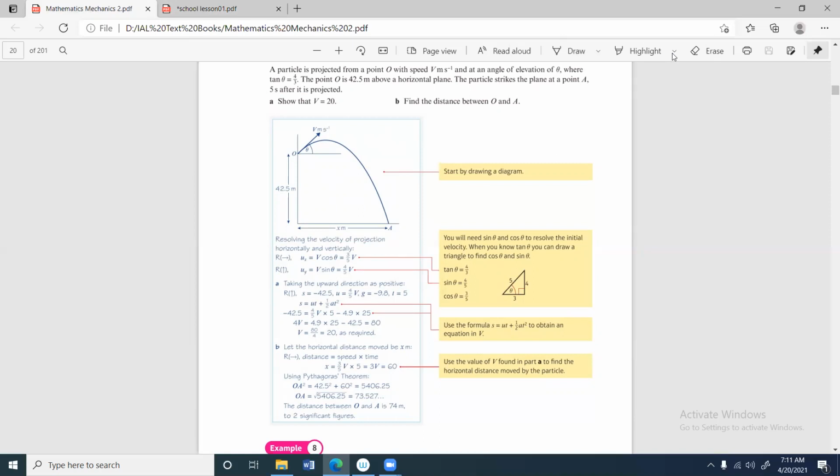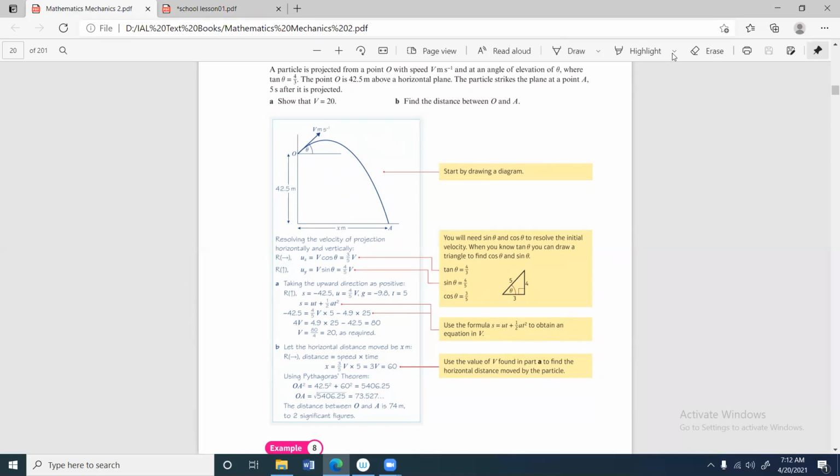From this context, we can understand the angle, because if you know tan theta, we can get sine theta and cos theta. We have practiced similar questions in our mathematics. The point O is 42.5 meters above the horizontal plane. The particle strikes the plane at point A, 5 seconds after it is projected. Show that V equals 20 and find the distance from O to A.